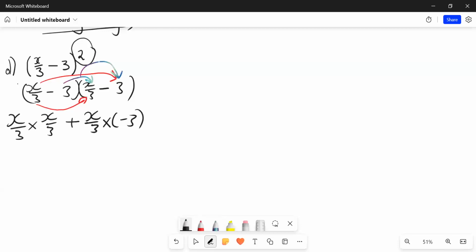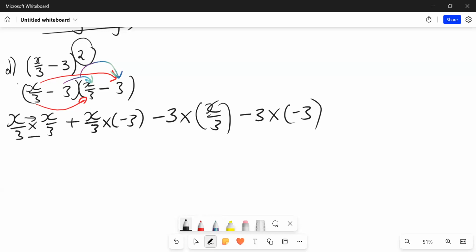So now we have what? Negative 3 multiplied by x over 3, and then negative 3 multiplied by negative 3. Now let's simplify further. You multiply numerator with numerator and denominator with denominator. We get x squared over 9.